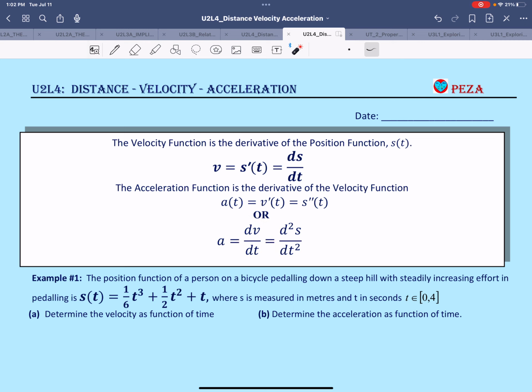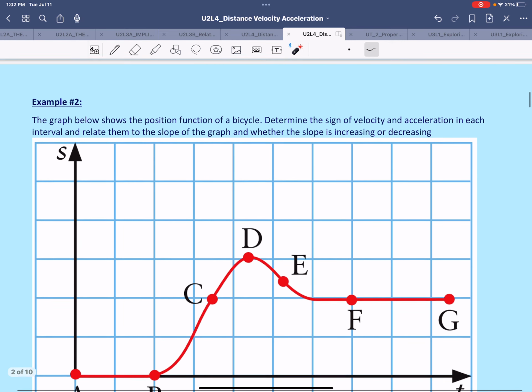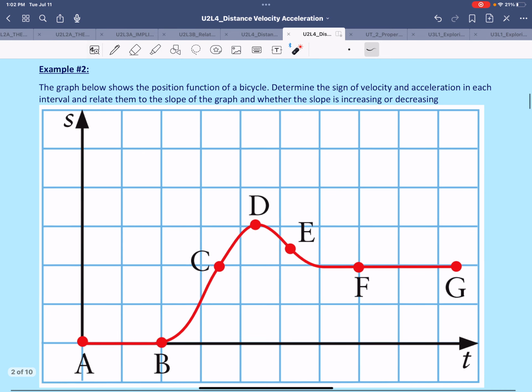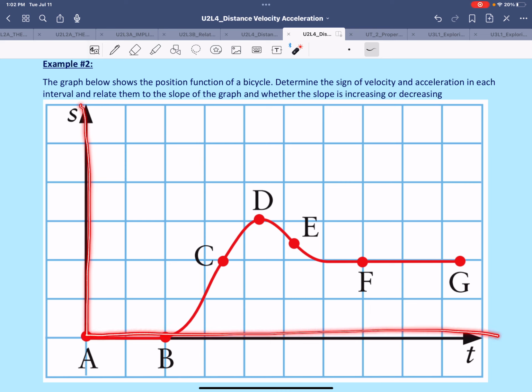Now, in order to best understand the meaning of position, velocity, acceleration, and how they are connected in calculus, I think it's best that we look into this graph, which is excerpted from a calculus textbook, and analyze the motion in the different intervals as indicated. The graph represents the relationship between position and time.